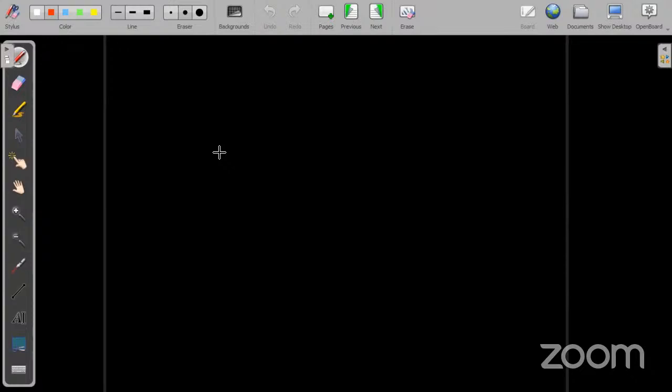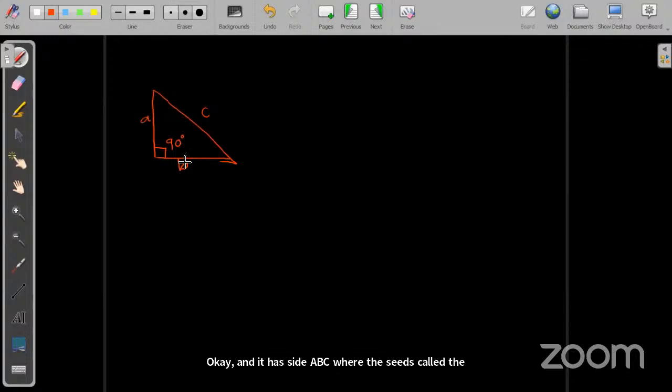Not side is equal to, but its square. First, you have to assume there is a triangle with one angle of 90 degrees, with sides a, b, c, where c is called the hypotenuse, and a and b are the sides adjacent to this angle.